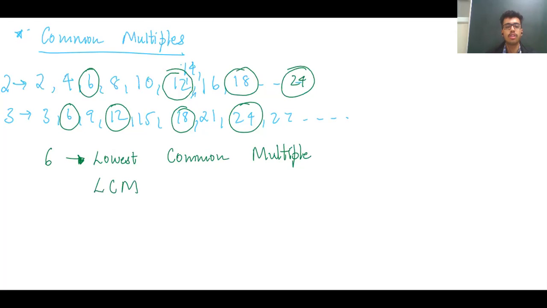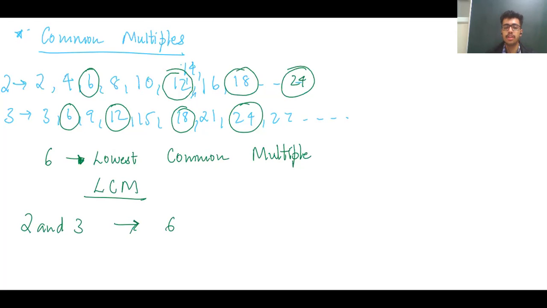So lowest common multiple. All these are the common multiples. The lowest of them is 6. So for 2 and 3, the LCM is 6.